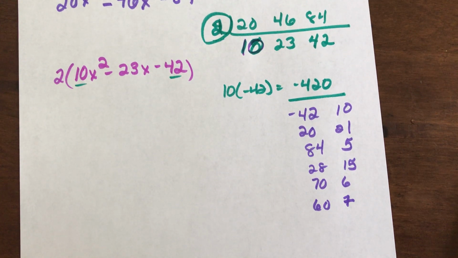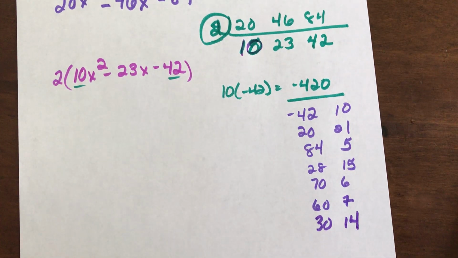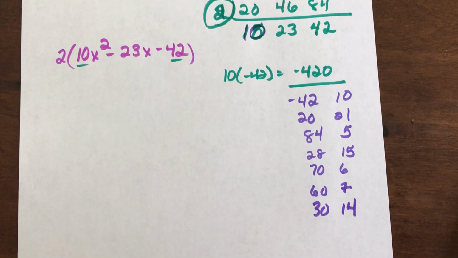18, 420 divided by 30, 30 and 14. Nope, still doesn't work. 28, 15, 70, 60, 30, and 14. Well, darn it.